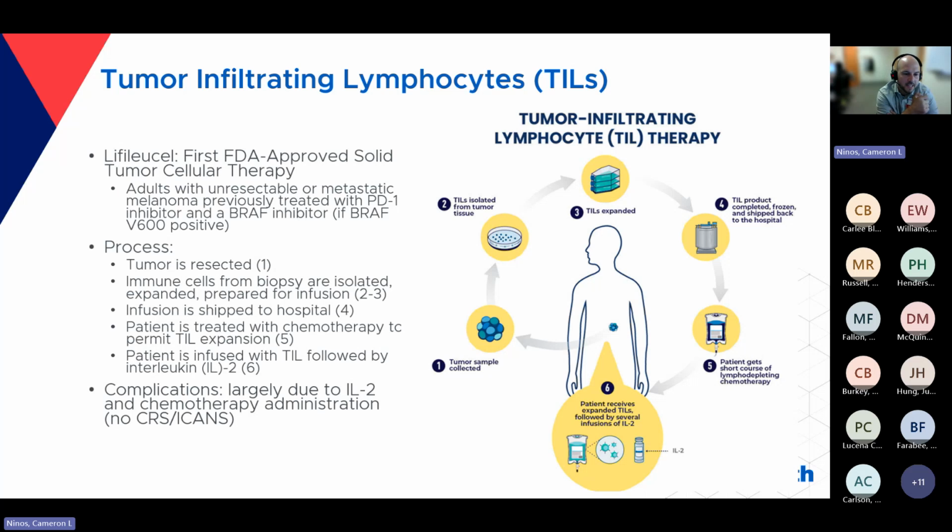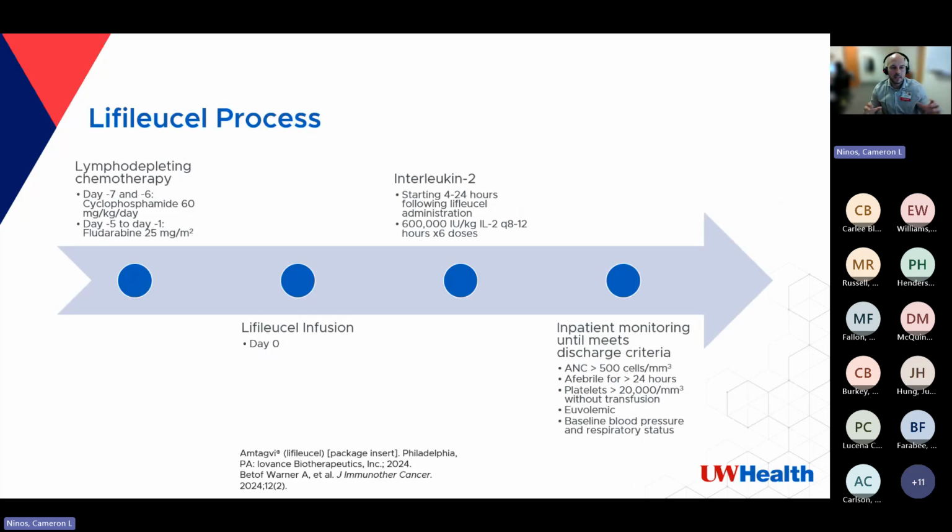So the complications for this are largely going to originate with IL-2 and chemotherapy administration, not as much from the TIL themselves. And to dive into that administration process in a bit more detail, I think callouts that are unique or different from CAR T are the cyclophosphamide dose is 60 milligrams per kilogram per day versus like the 300 milligrams per meter squared per day that we give with CAR T. So this is something that's closer to our post-transplant cyclophosphamide dose.